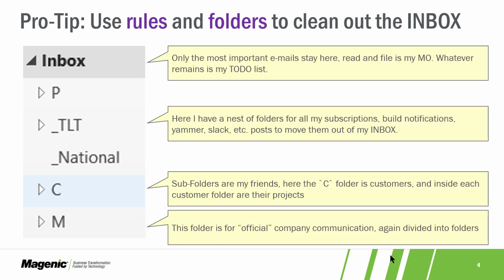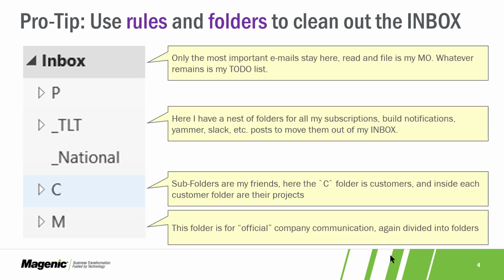I'm on a bunch of build notification chains. I get Yammer and Slack posts and Teams posts, and I get status emails from the infrastructure about routine things, but I don't need those in my inbox. I do want to visit them again, but I don't need them in my inbox. So I move all of those. And it turns out after I did that, I had moved about 50% of my emails.